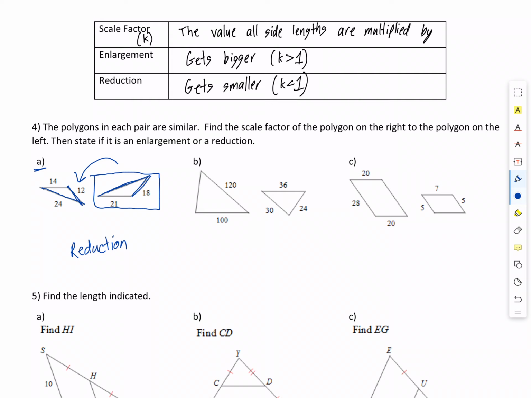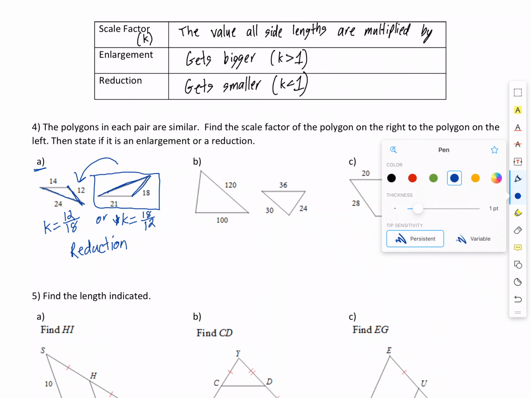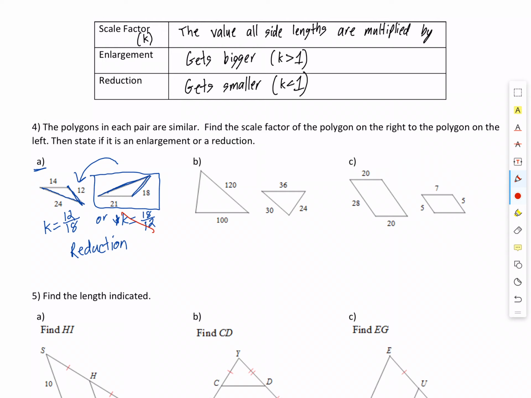And so then to figure out what our K is, since we're getting smaller, we know our K is either going to be 12 divided by 18, or K is going to be 18 divided by 12. But again, we're reducing, so we're getting smaller. If we look at this second one here, 18 divided by 12, that's going to be greater than 1, and since we're getting smaller, that doesn't work.